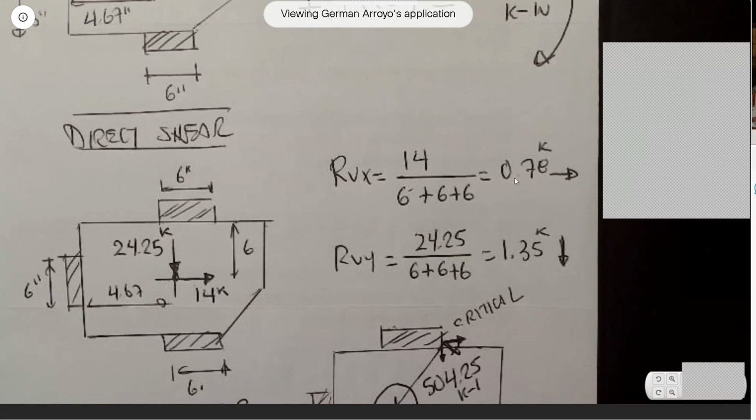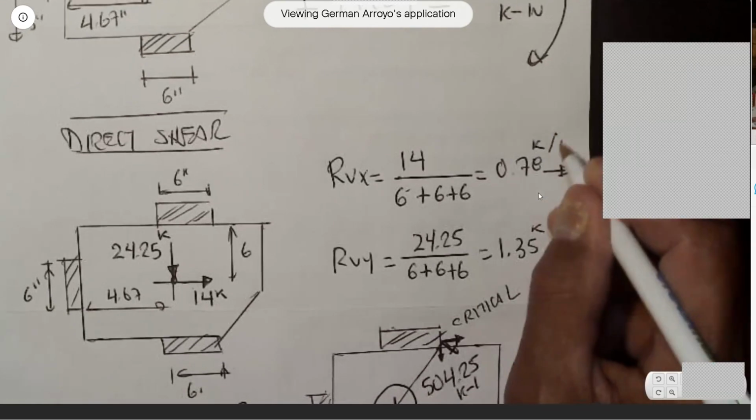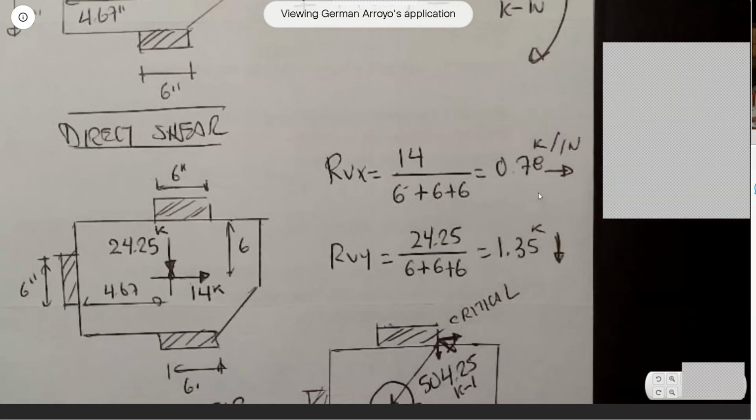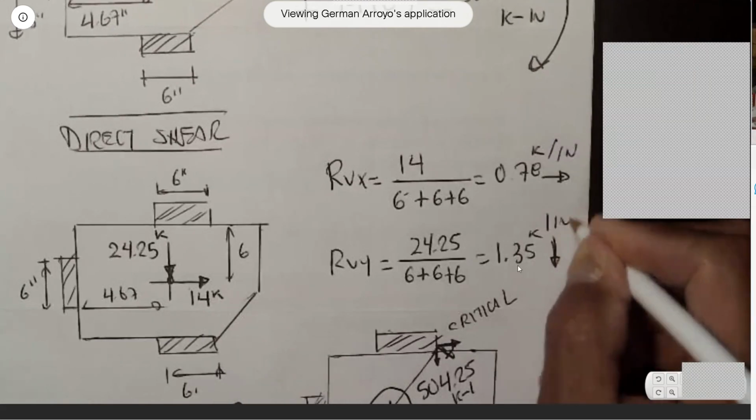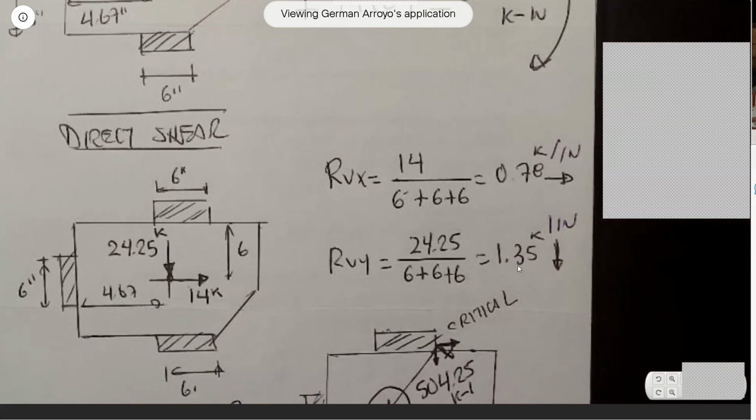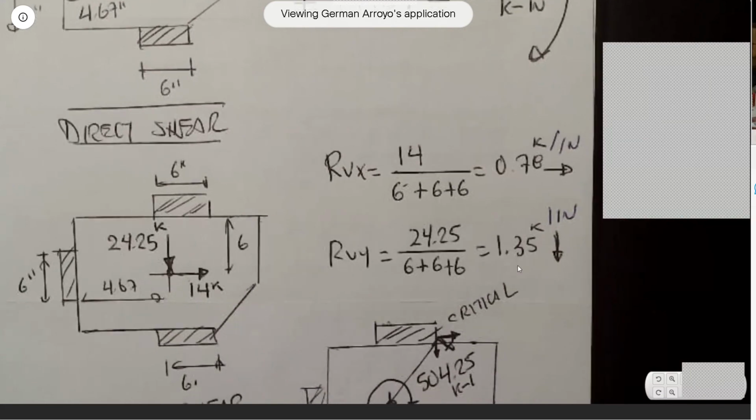So that gives me 0.78 kip per inch to the right. And the direct shear in Y is 24.25 divided by the number of inches of weld, 1.35 kip per inch, also going right. Direct shear is always easy. Don't forget the direction.